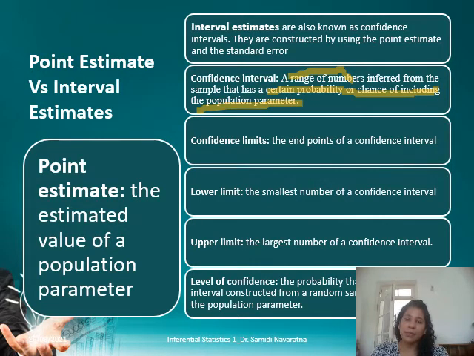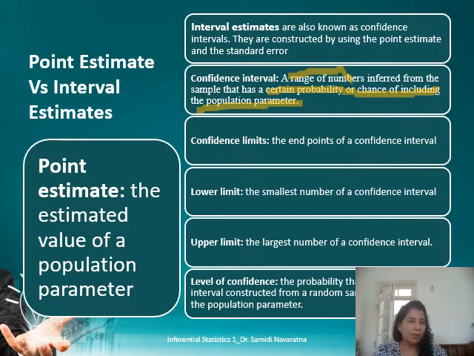Then there are some more definitions here. What is a confidence limit? Now in a range there are two endpoints, and these two endpoints are known as confidence limits. So the lower limit is the smaller number and the upper limit is the larger number. Then moving to the level of confidence.